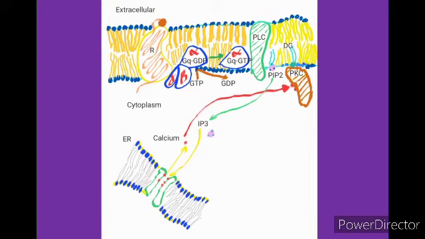Here are these fatty acyl chains, and that's the head group. PLC, phospholipase C, activated by GQ, now can hydrolyze, break down PIP2 into two smaller molecules.